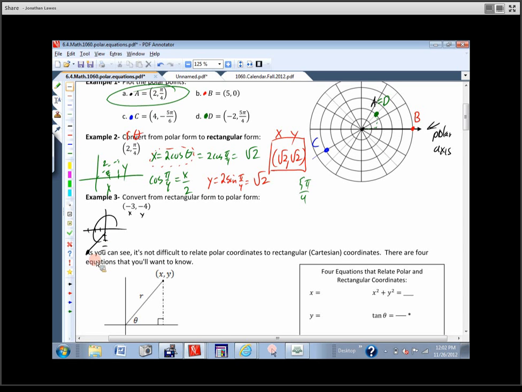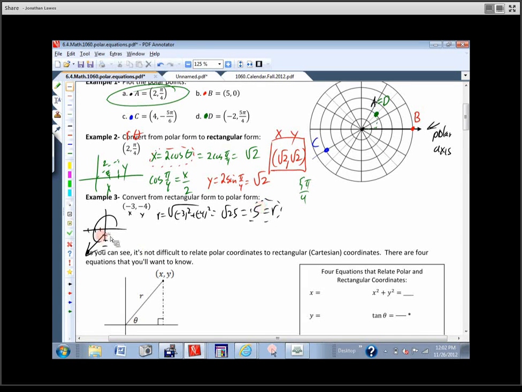In order to do that, I need to know how far. Doesn't this look familiar also? It's kind of like working with a vector, right? We square this and square that, so the radius is going to be -3 squared plus -4 squared, so that's going to be the square root of 25. So I've got 5. There is the radius. I've got that piece taken care of.